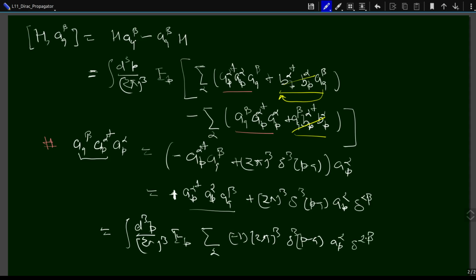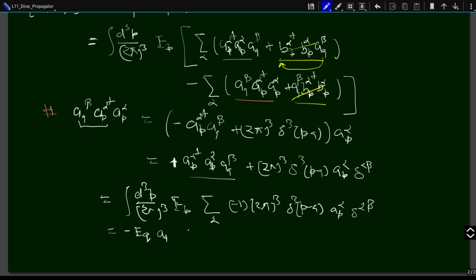Okay, so when I sum over alpha, this alpha becomes beta. When I do the q integration, this p becomes q, and the (2 pi)^3 and all these things cancel out. So basically what I have is minus E_q a_q, I'm sorry, a_q beta.